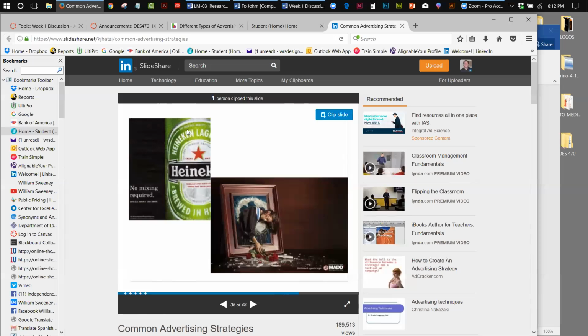Because of the size this appears to be, I would imagine it is way beyond life size. It's much bigger than it really is. This is a pretty good one.